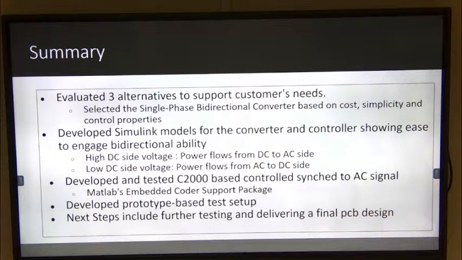So in summary, we evaluated 3 different alternatives for our design, and we selected the single-phase bidirectional converter as the final design.